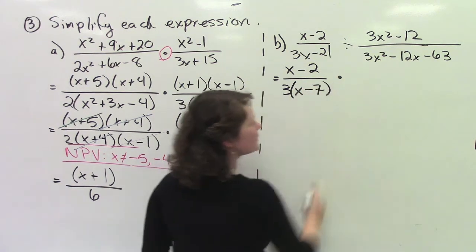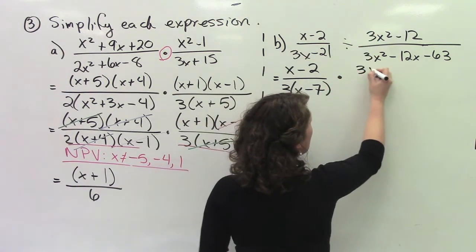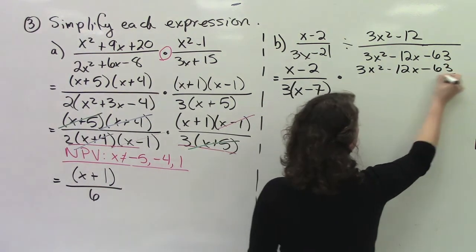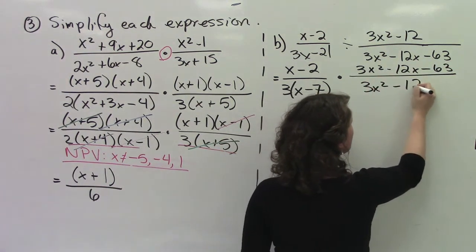Now I'm going to change to multiplication, and I'm going to put this on the top. So 3x squared minus 12x minus 63 over 3x squared minus 12.